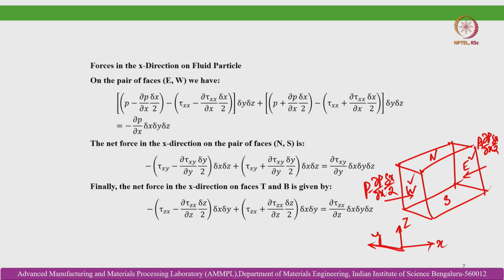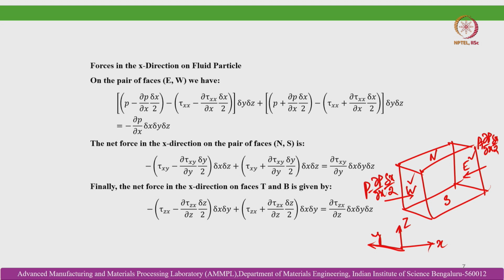That is why the minus sign is there, because towards the positive x direction the pressure force applied over the fluid element is compressive in nature, so the negative sign comes here. That is why it is P minus del P del x into delta x by 2, whereas on the east face the pressure force applied is P plus del P del x into delta x by 2. Here the positive sign comes because it is basically tensile in nature.